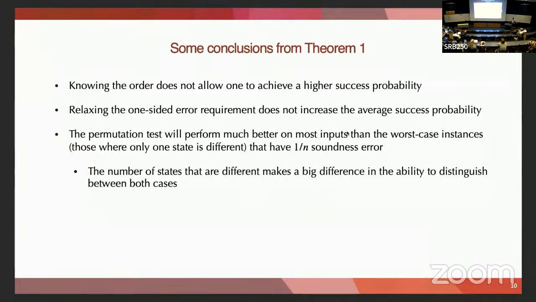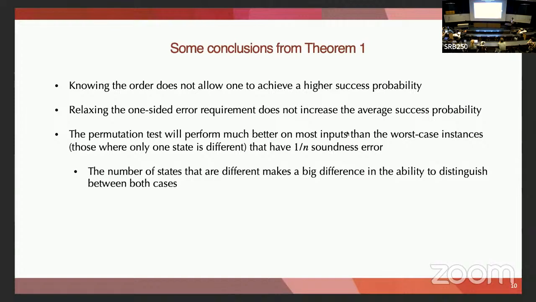Okay, what can we conclude from this result? The first one is that in this sequence of three different quantum state identity problems, which I described in the beginning, the last one had a lot of knowledge about the order of the systems. And it turns out that the order doesn't really allow you to achieve higher success probability. If you know this order, it doesn't really help you.